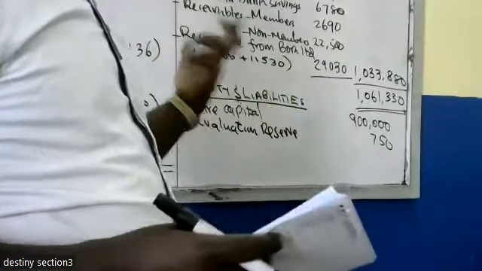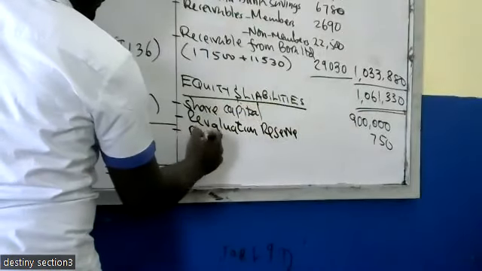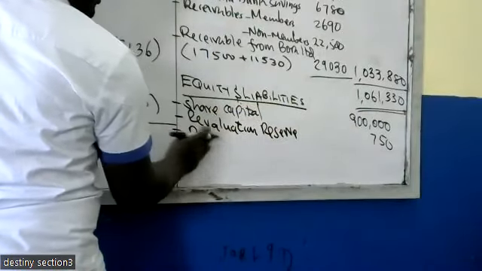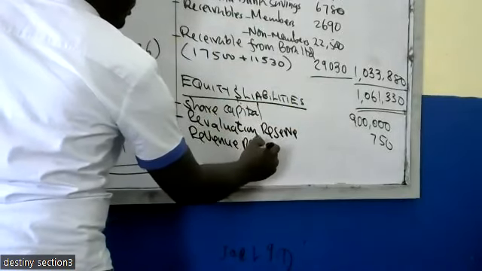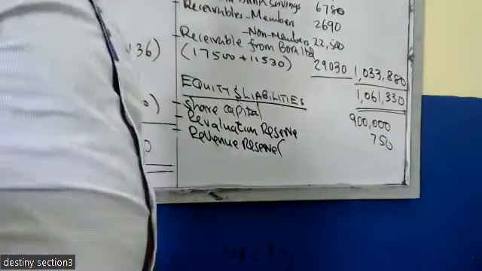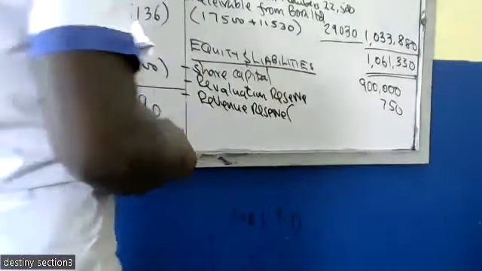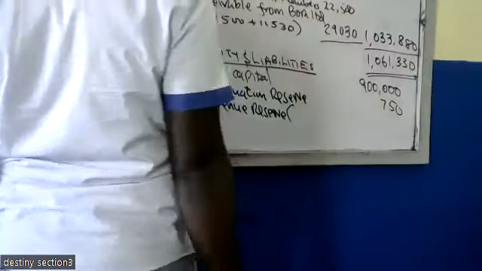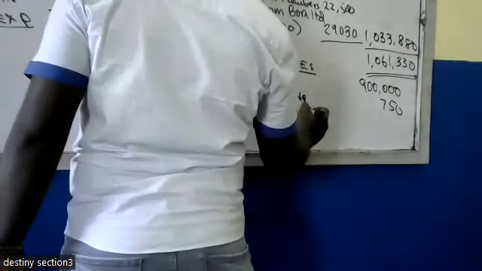Which we call revenue reserve. So you can come here and say revenue reserve. Revenue reserve is the retained profits, which is the appropriation in this case. How much was there initially in the appropriation? 60,50.